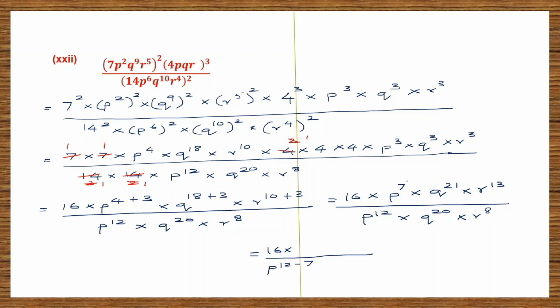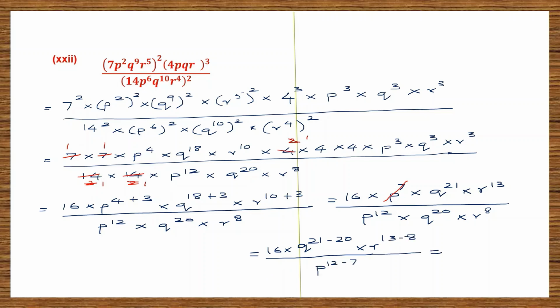That means this p to the power of 7 is removed. Now let's see what we have remaining. Now we have q to the power of 21 by q to the power of 20. So that is 21 minus 20. So that is q to the power of 21 minus 20 into, now let's look at r. r to the power of 13 and 8 is down, so 13 minus 8. So that is r to the power of 13 minus 8.